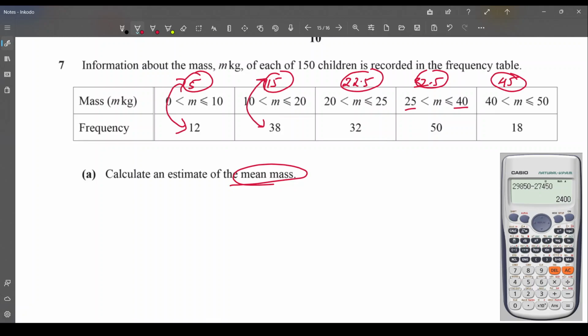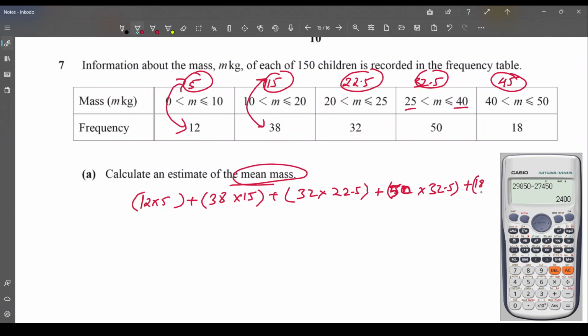So I'm going to write the answer by multiplying. The mean can be written as 12 times 5 plus 38 times 15 plus 32 times 22.5 plus 50 times 32.5 plus 18 times 45, and we are going to divide that by 150.